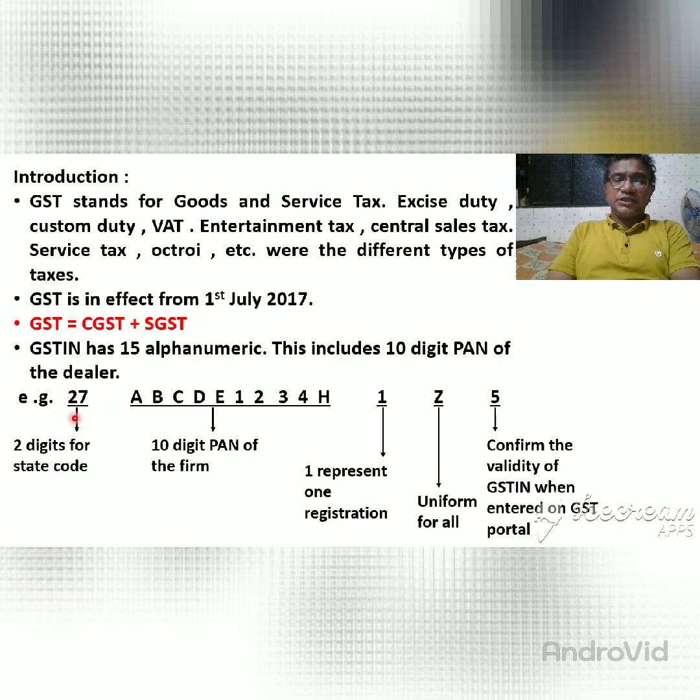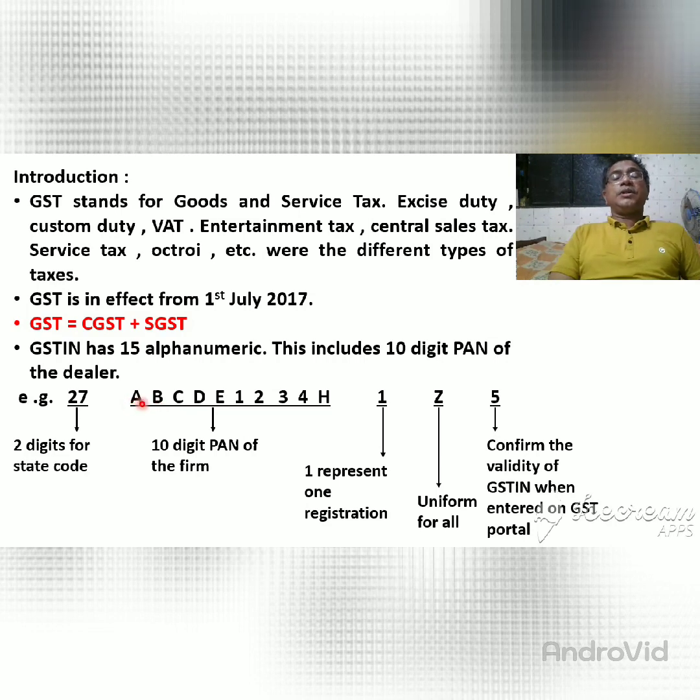Here it is 27, because 27 is the number of Maharashtra. All of you remember that in GST, the first two numbers indicate the state. We belong to Maharashtra, so we take 27.